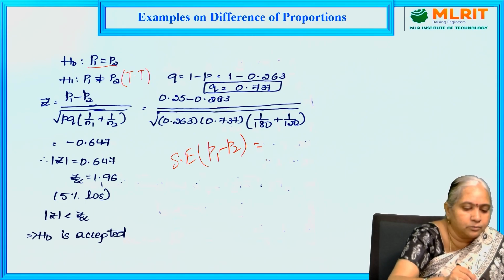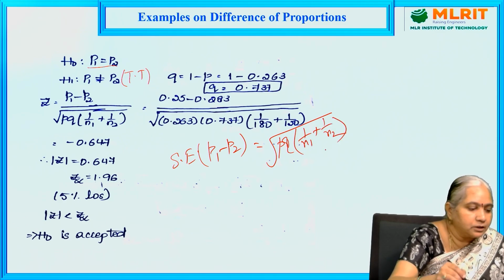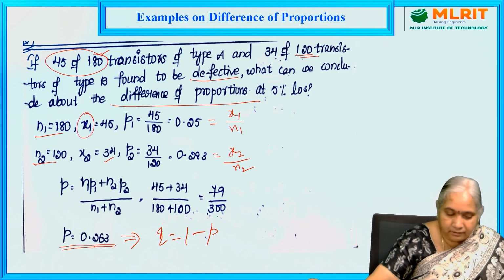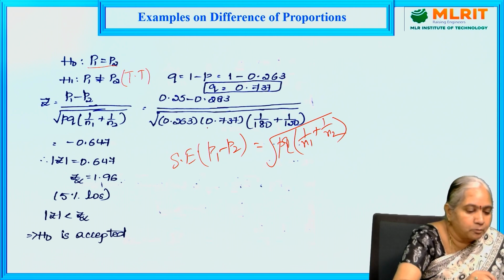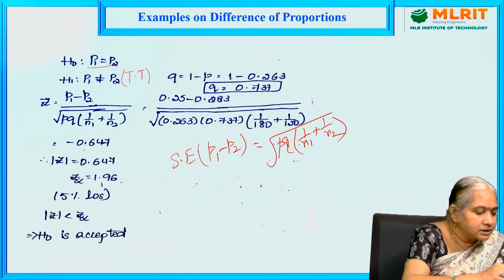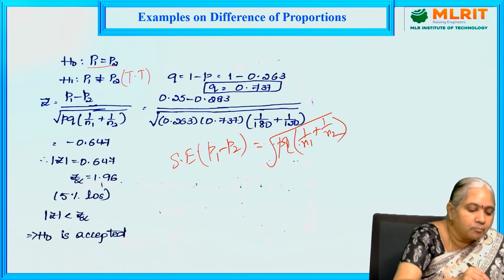Substitute all the values here: small p is 0.263, small q is 0.737, since it is 1 minus p, into 1 by the first sample size plus 1 by the second sample size. We get minus 0.647.